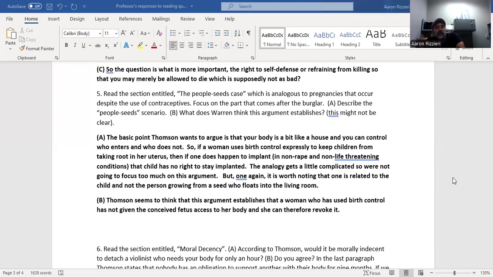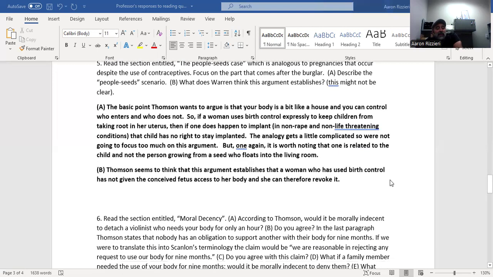So let me read what I wrote here. The basic point Thompson wants to argue is your body is a bit like a house in the sense that you own it and you can control who enters and who does not. So if a woman uses birth control expressly to keep children from taking root in her uterus, then if one does happen to implant in non-rape and non-life-threatening conditions, that child has no right to stay implanted.